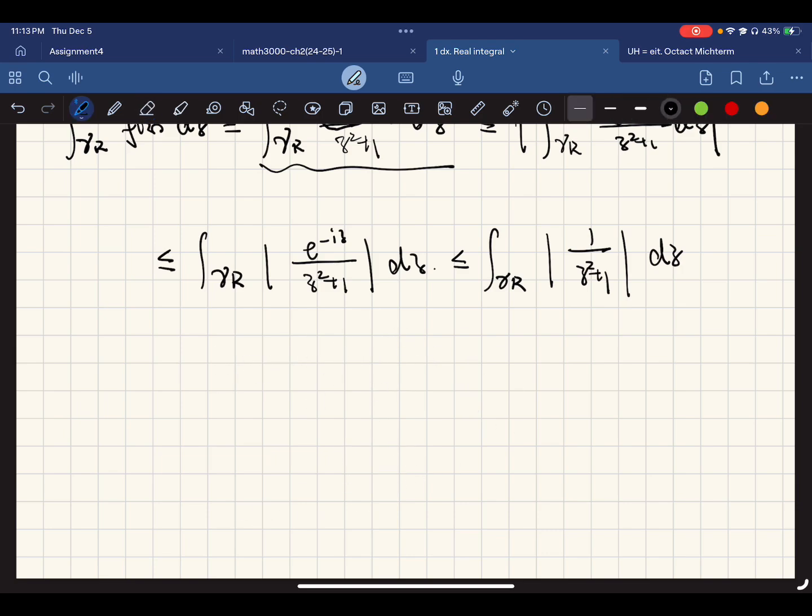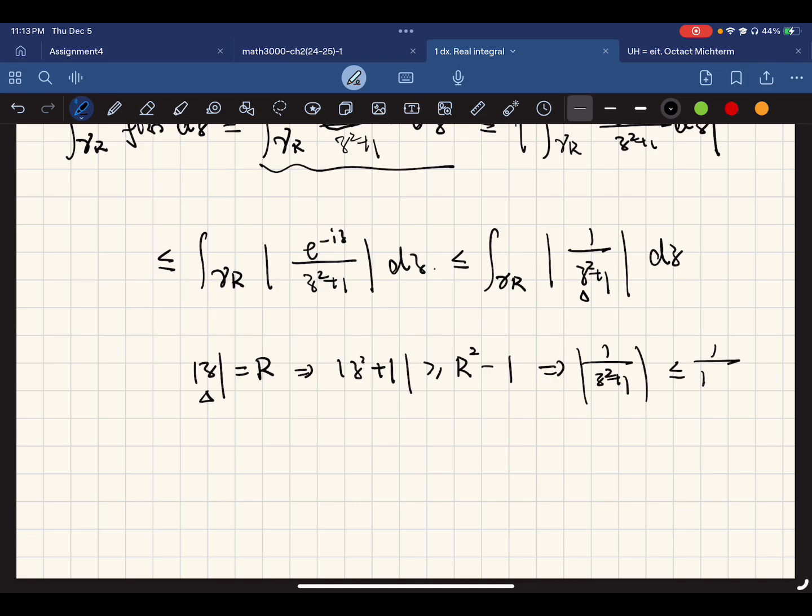Okay, how to prove the rest? Because z is on the circle gamma r, the norm of z equals r. The modulus of z squared plus 1 is greater than or equal to r squared minus 1, so if we take its inverse, 1 over the absolute value is less than or equal to 1 over r squared minus 1. On both sides we integrate over gamma r with dz; this is a constant, and this is a line integral, right?